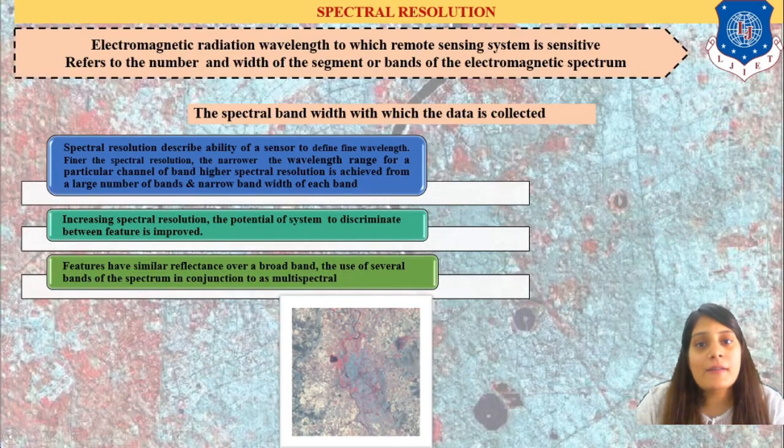So let us now discuss what is spectral resolution. The name itself suggests the number of bands, each holding information that captures different features. If a sensor has 8 bands inbuilt, then in those 8 various bands the image will be capturing each feature, right?